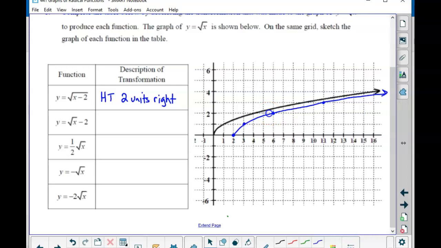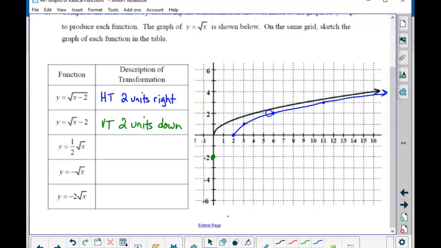Next one, notice how the -2 is outside the radical. So that means your original graph, now we're subtracting 2 from every y value. So that's a vertical translation, 2 units down. So from our original, our vertex now is going to be 0, -2.